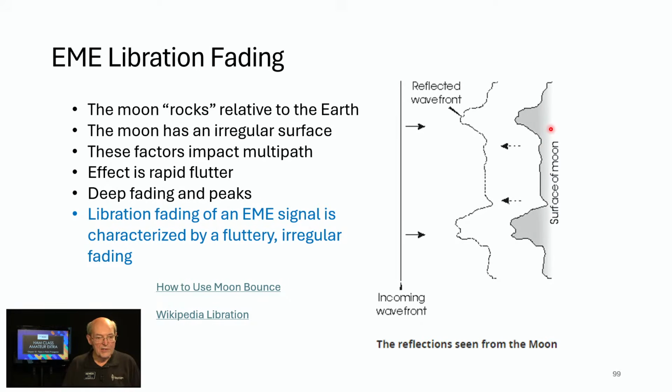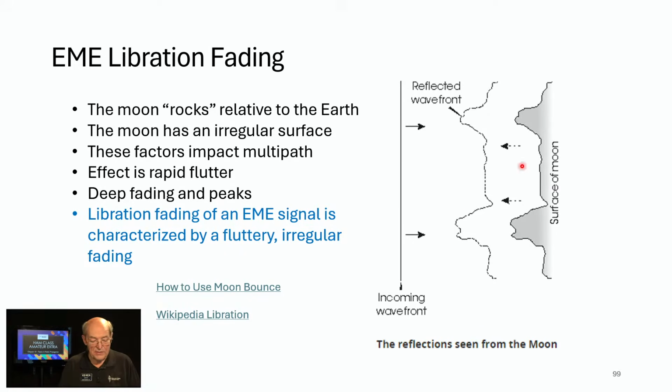That's called libration, or libration fading in terms of the signal strength. The moon has an irregular surface, and this causes multipath, rapid flutter, deep fading in peaks. And the thing to know here, libration fading of an EME signal is characterized by a fluttery, irregular fading. Two links here: how to use moon bounce, and there's a Wikipedia article.